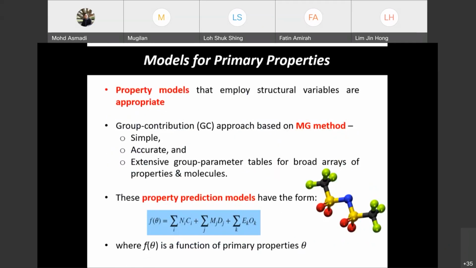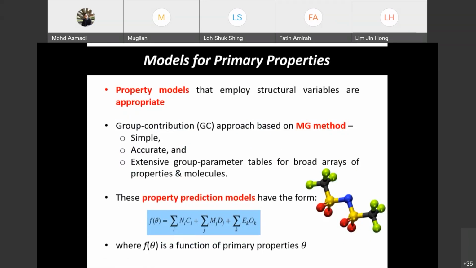If you look at here, a property model that employs structure variables is appropriate. So the group contribution approach by the Marrero-Gani method is simple, accurate, and has extensive group parameter tables for broad arrays of properties and molecules.